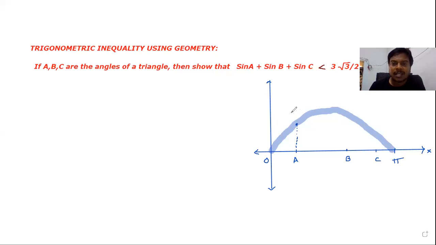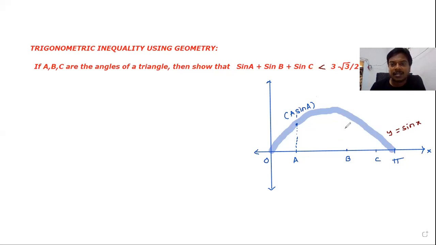Therefore, the coordinates of this point can be written as (A, sin A). Why? Because this is clearly the graph of y equal to sin x. So when you give input A, automatically the y coordinate becomes sin A.